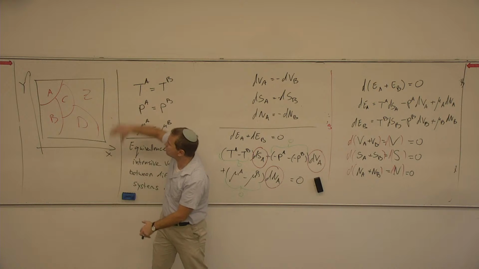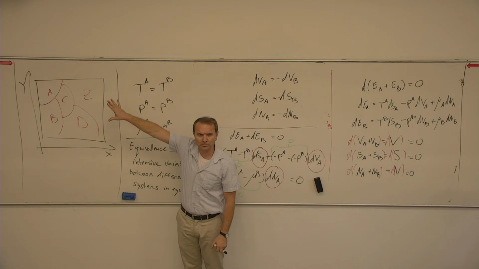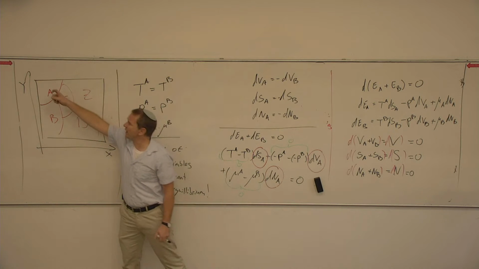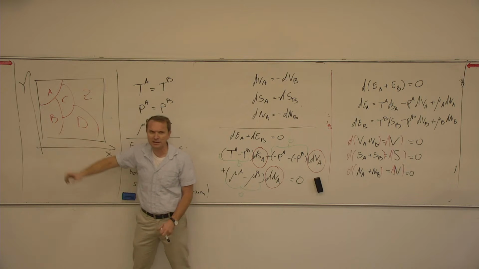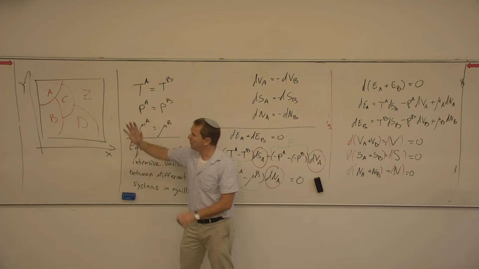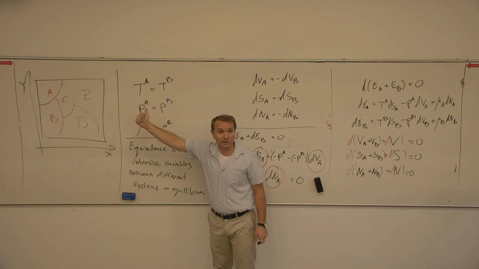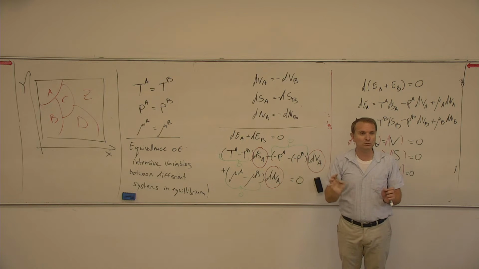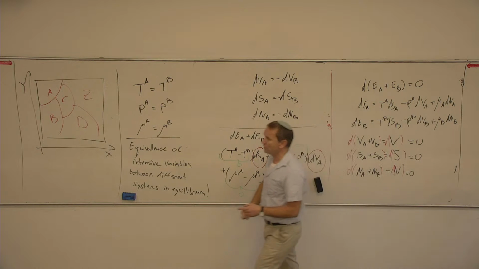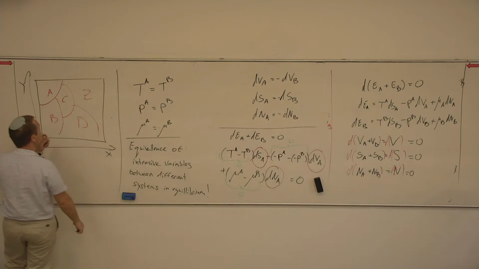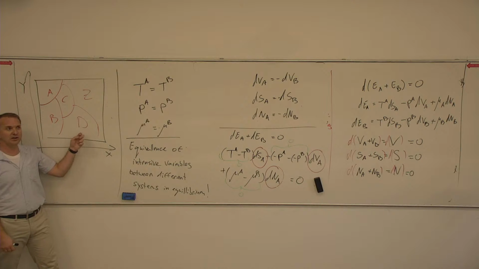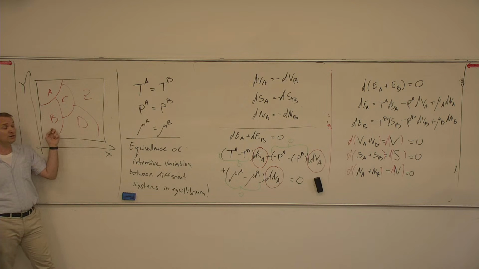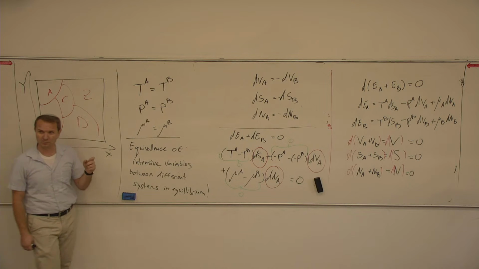If the whole system is in equilibrium, there are no currents from A to C, and C to D, and B to D, and this means that for this system, all the intensive variables are going to be equal to each other. Right? So they're in equilibrium. There should be no differences between the temperatures, no differences in pressures, no differences in chemical potentials.